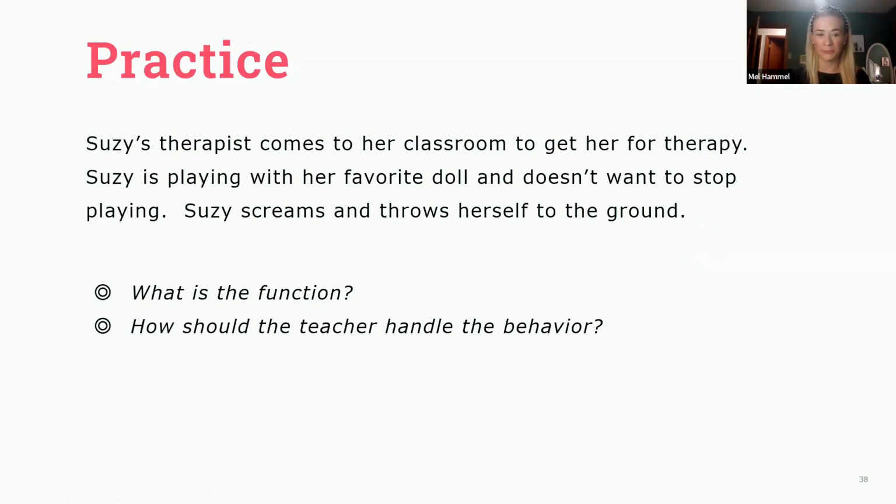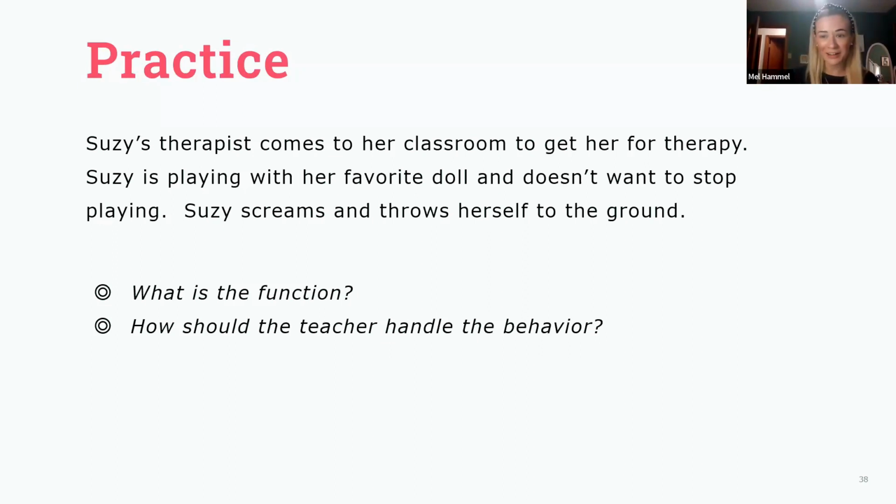Another thing that you can do to prevent that is, again, those timers that we talked about in those antecedent strategies. So, hey, Susie, your therapist is going to come in 5 minutes. We can do a timer or a reminder. I use that a lot with my early learners, a timer or a reminder, and then giving that countdown, like, okay, Susie, in 2 minutes, your therapist is going to be here.